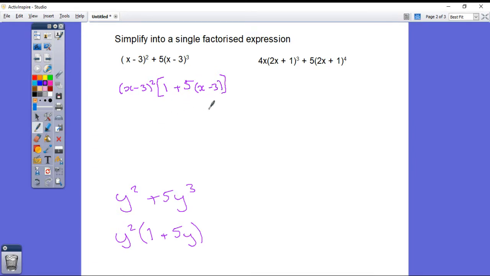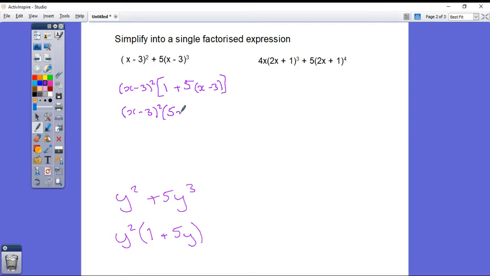Within my square brackets, though, I can tidy that up, because if I multiply out this little internal bracket, I've got 5x minus 15. And then with the extra plus 1, I'll have 5x minus 14. So there was our common factor that we'd already taken out. And then within the square brackets, we're actually going to make curvy brackets now.